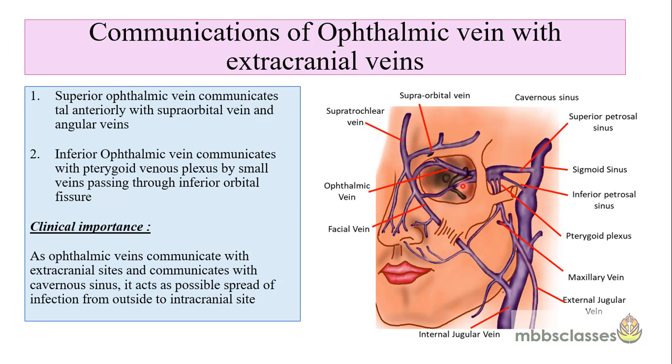This is the inferior ophthalmic vein, and it communicates with the pterygoid plexus by small veins which pass through the inferior orbital fissure. So as these ophthalmic veins communicate with the extracranial sites and also with the cavernous sinuses, they are a possible route of spread for infection from outside to the intracranial site.